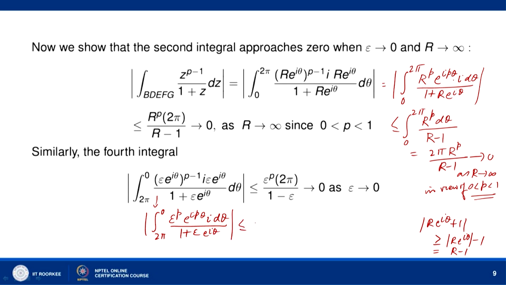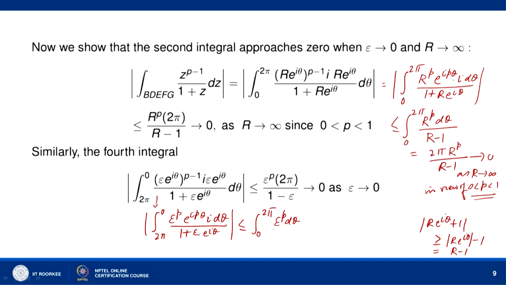Now, this is less than or equal to, you can say, integral over 2 pi to 0, we can write as minus integral 0 to 2 pi, and minus 1 mod will be equal to 1. So, we can write 0 to 2 pi, and then epsilon to the power p, mod of e^(ipθ), and mod of i is 1.